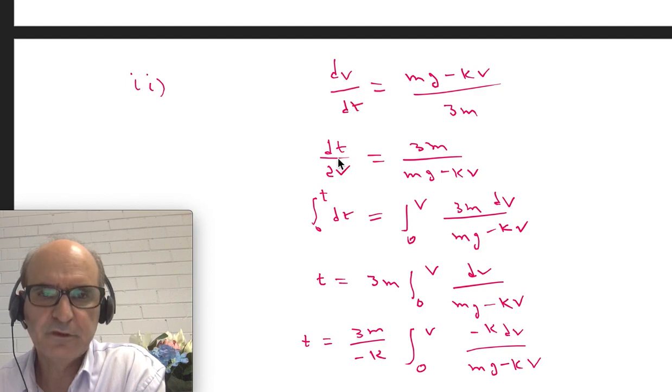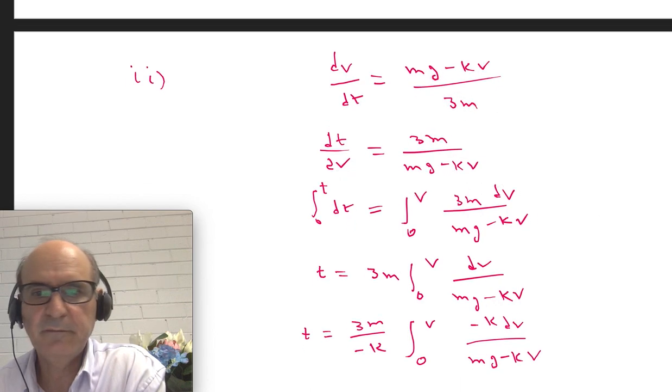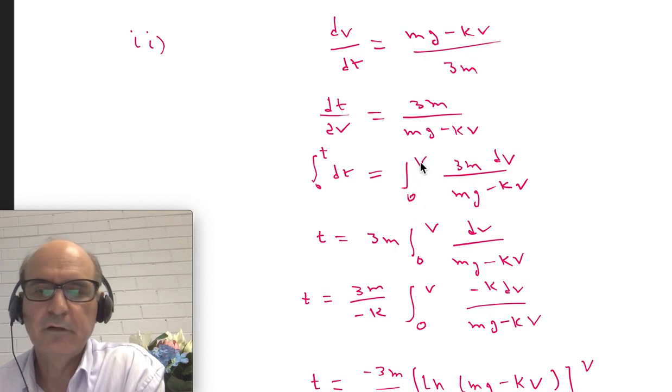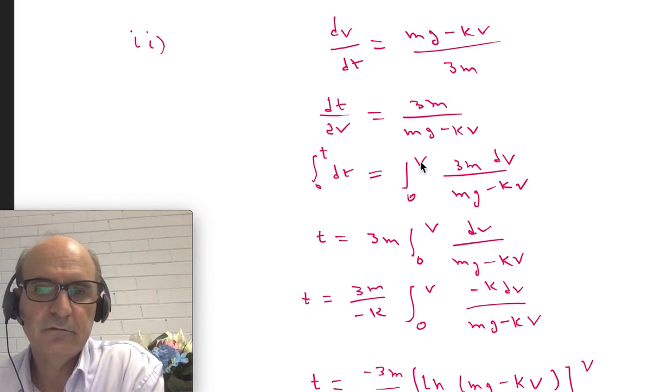So flip both sides, you get dt/dv is equal to 3m over (mg minus kv). Then integrate both sides. To avoid the problem of having a constant c, start from 0 to t and from 0 to v. So the limits are 0 to v because the initial velocity was 0 and the final velocity can be any velocity v.